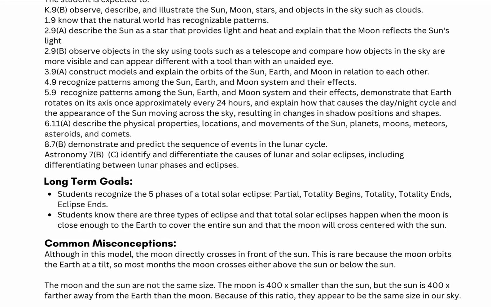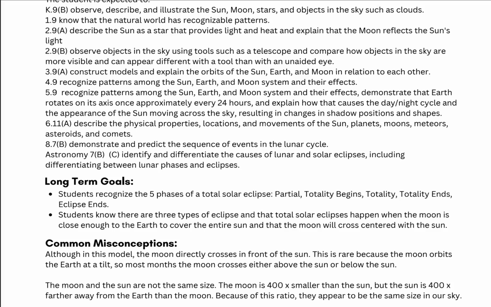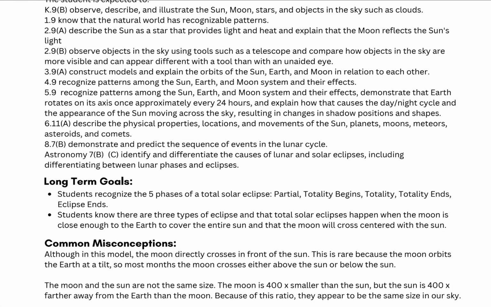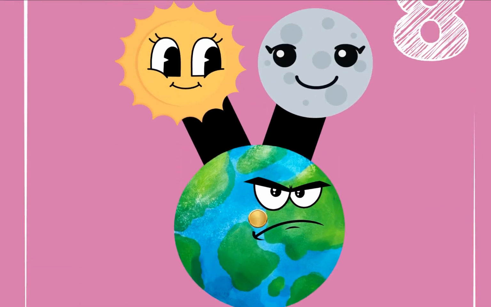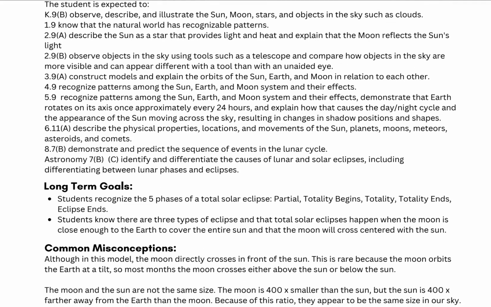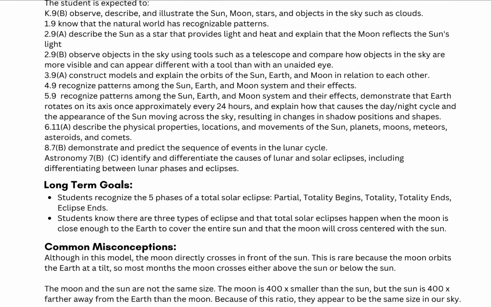One of those is, like I said, the moon appearing to cover the entire sun. We know that the sun and the moon are not the same size. One of those limitations to address within this model is that they appear the same size when you're creating the model. So that's a misconception to discuss with students.